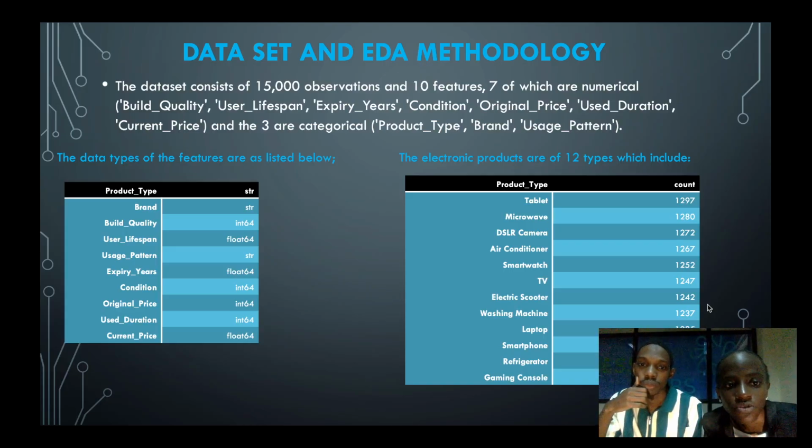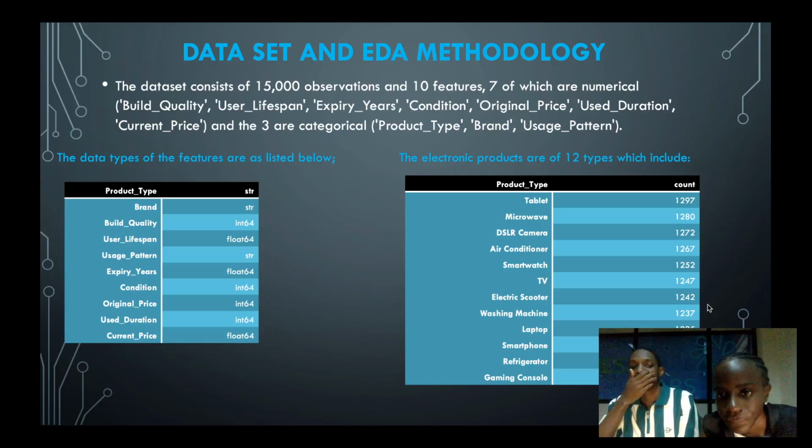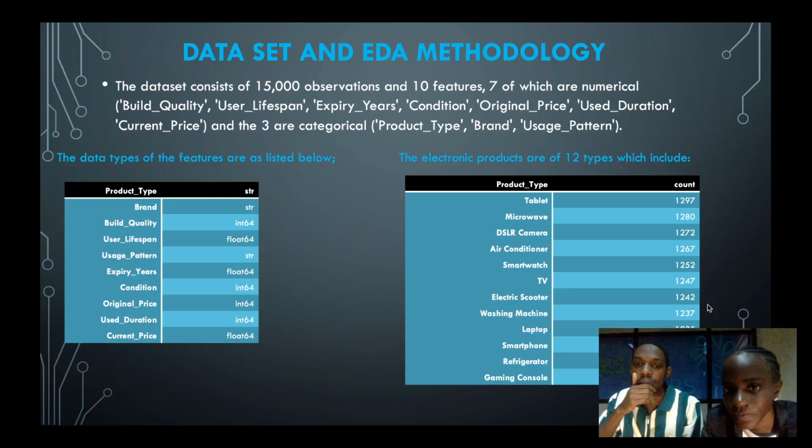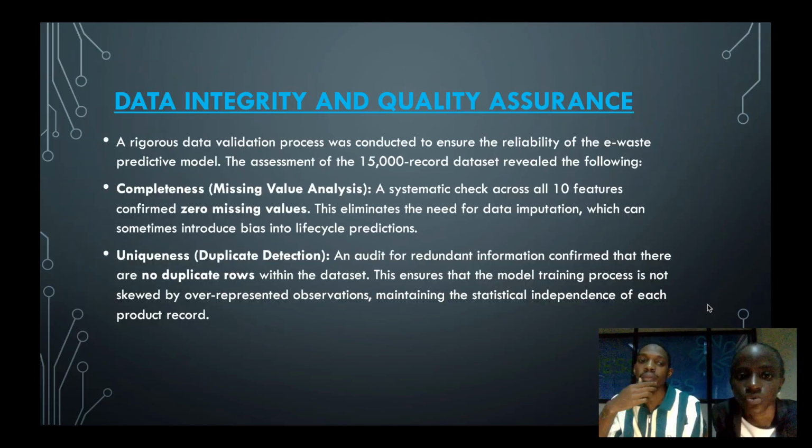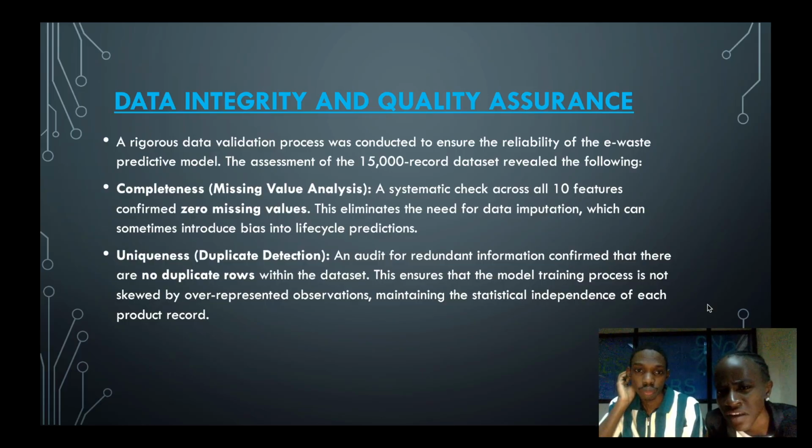We also had different data types: string data types, integers, and floats. So, data integrity and quality assurance. Here we are looking at how good is our data set. Now with our exploratory data analysis, we realize that we actually have no missing values and no duplicate values.